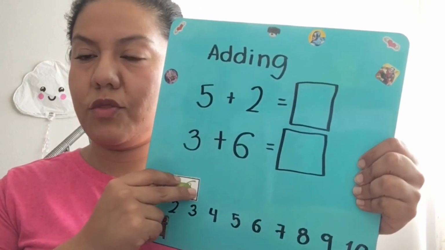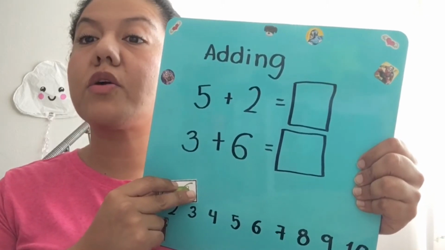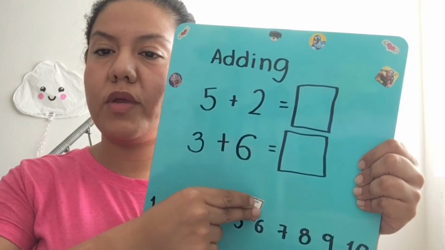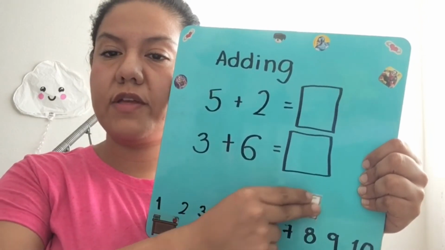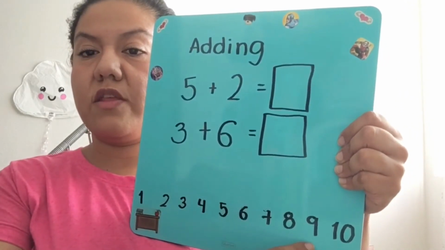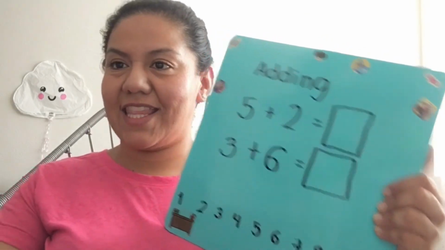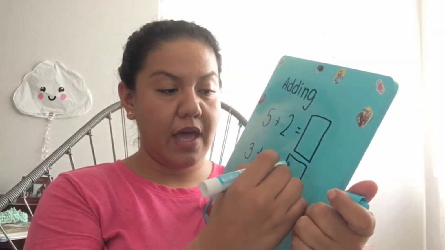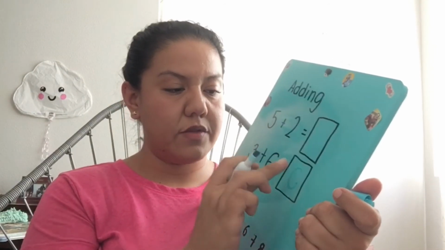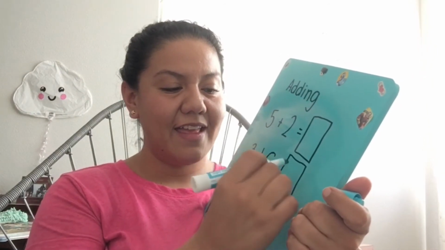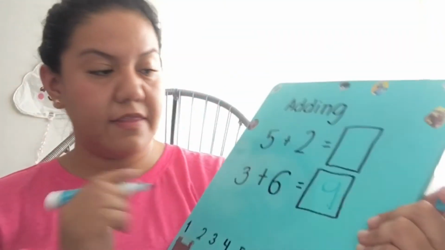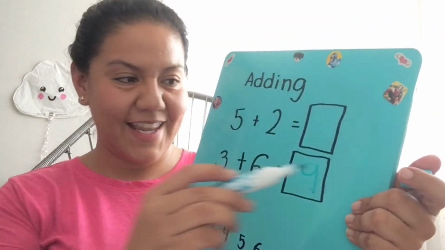So 3, and then we're going to add 6. 1, 2, 3, 4, 5, 6. And we landed on the number 9. We have the answer. It's 9.